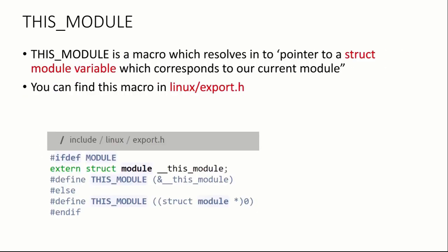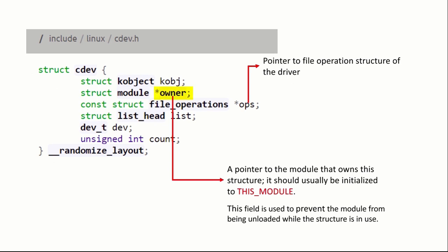Let's see what this THIS_MODULE macro is. It is a macro which resolves into a pointer to a struct module variable which corresponds to our current module. Basically, this field is used to identify the current module which owns this structure.